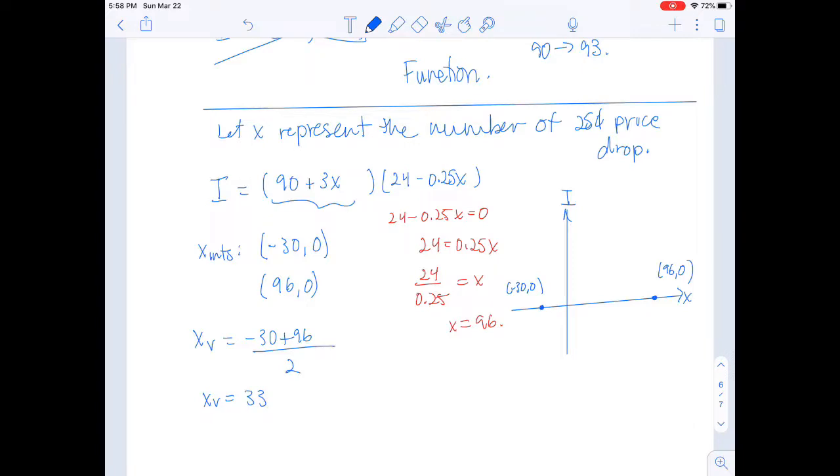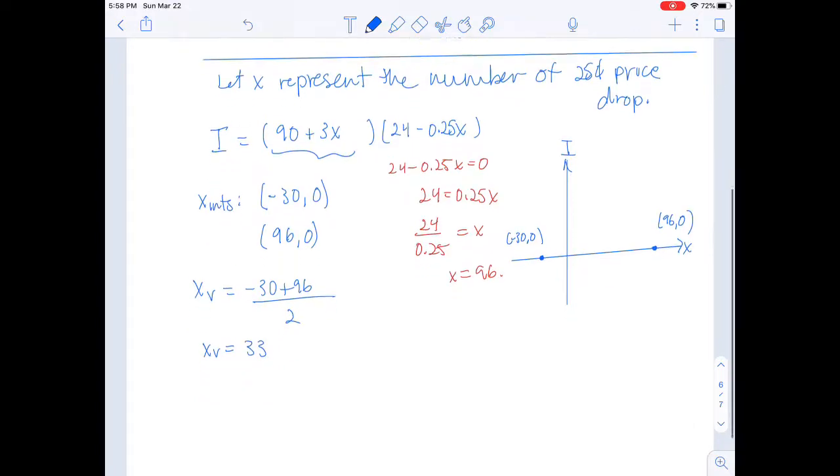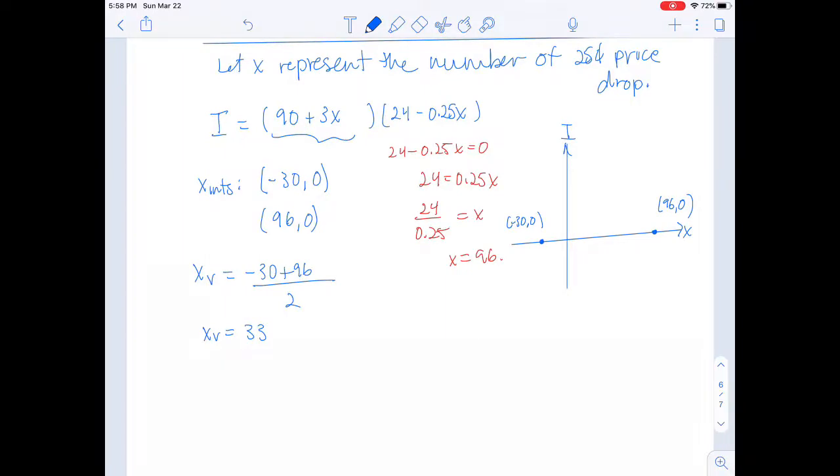So I'm going to reduce my price by 33 quarters. Okay, so if I know that xv is 33, I can figure out what iv is, and in fact, I can figure out the number of t-shirts I'm going to sell and at what price. So we might as well break this down, even though I don't think that's what the question is asking.